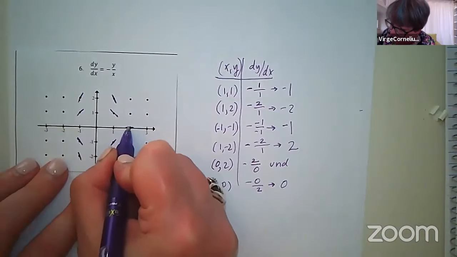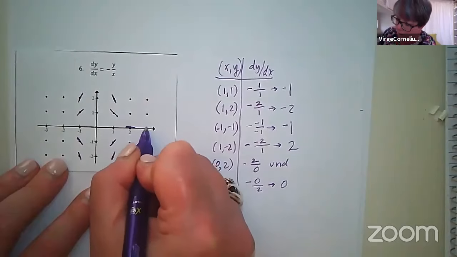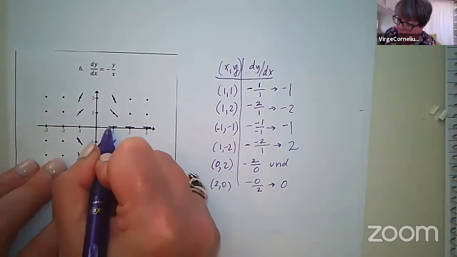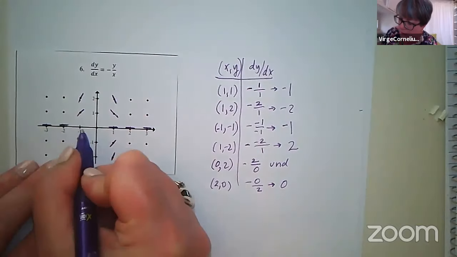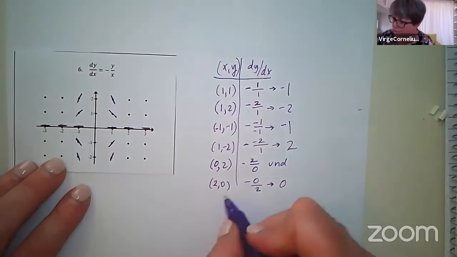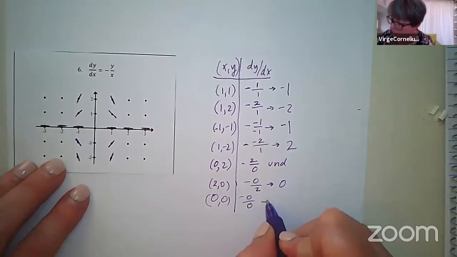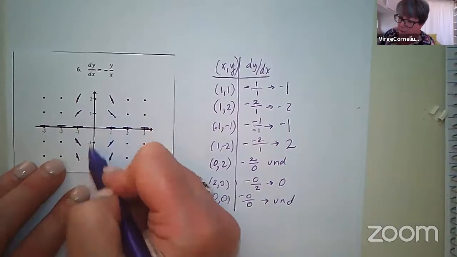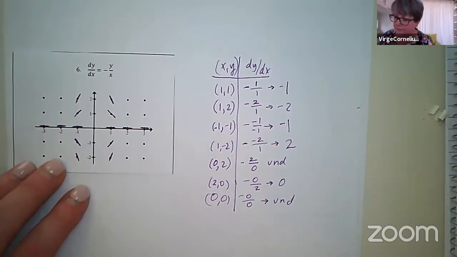So that would be a little horizontal line segment there. And at (3, 0), and at (1, 0), and at (-3, 0), and at (-2, 0), and at (-1, 0). And what about the origin? 0 over 0, I believe, is still undefined. So this one's still nothing at the origin. Nothing at all on the y-axis.